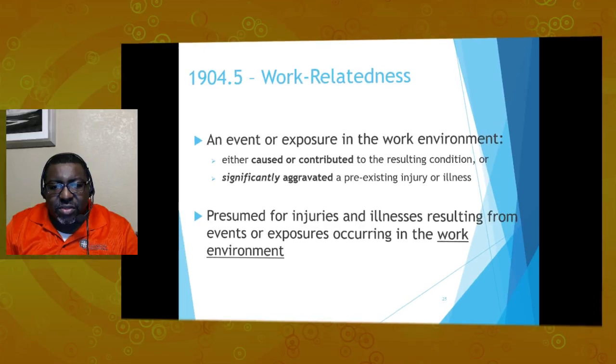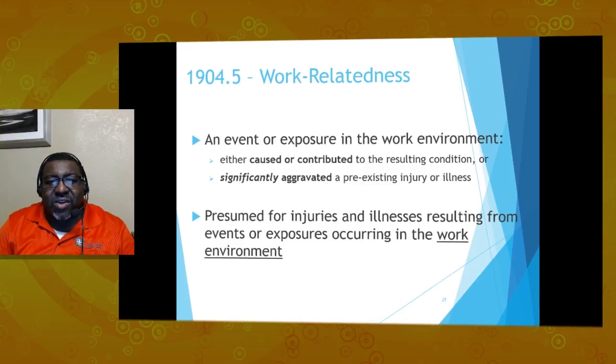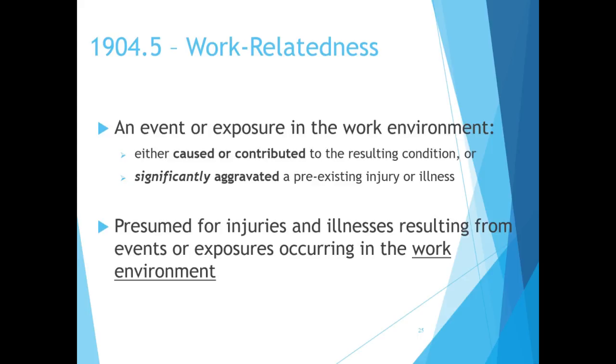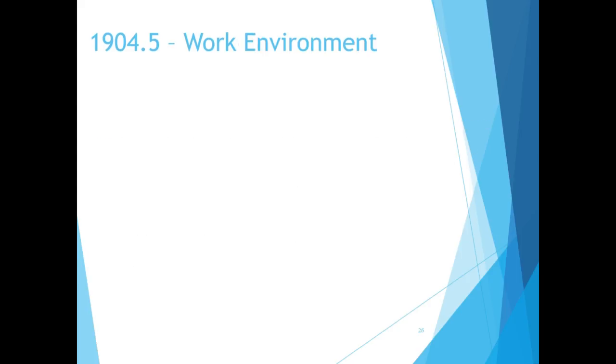So there are a few things that they'll say establish work-relatedness: an event or exposure in the work environment either caused or contributed to the resulting condition or significantly aggravated a pre-existing condition. However, it is presumed that your injury or illness results from an event or exposure occurring in the work environment.